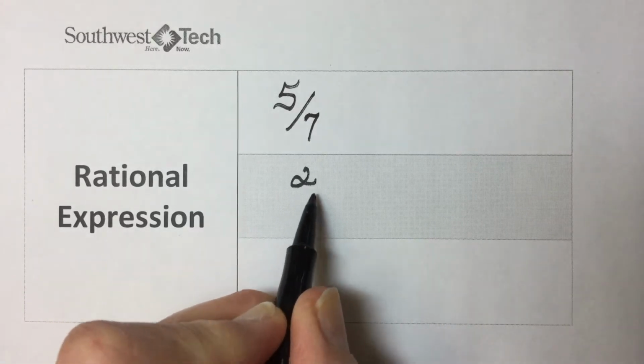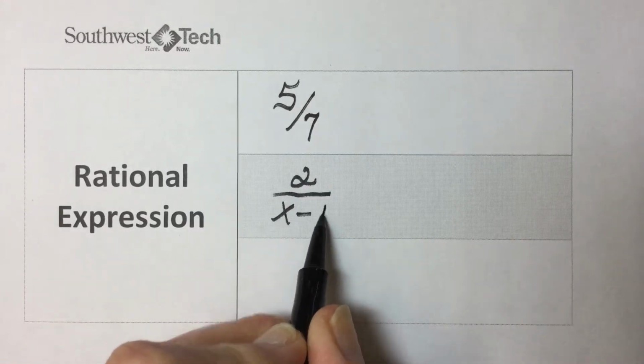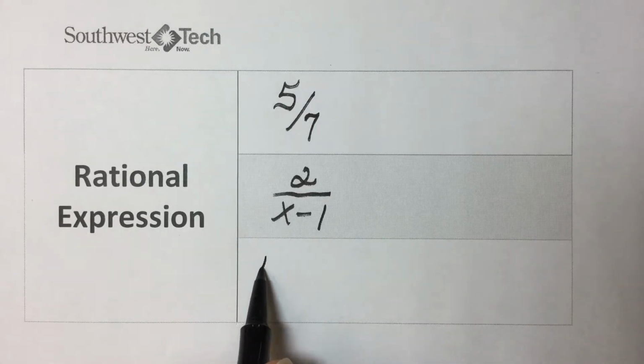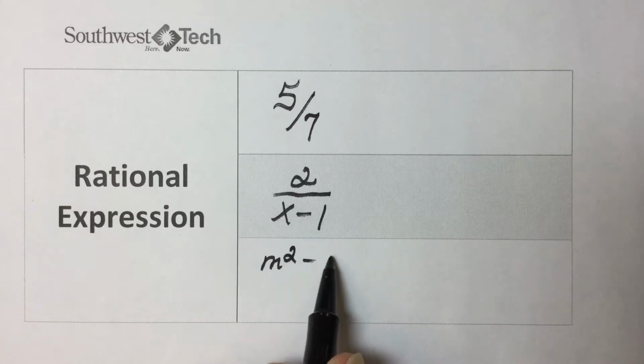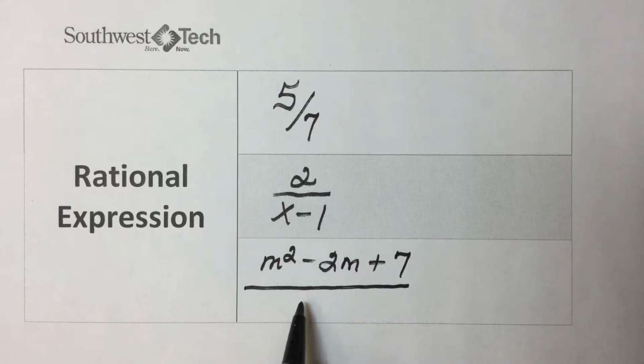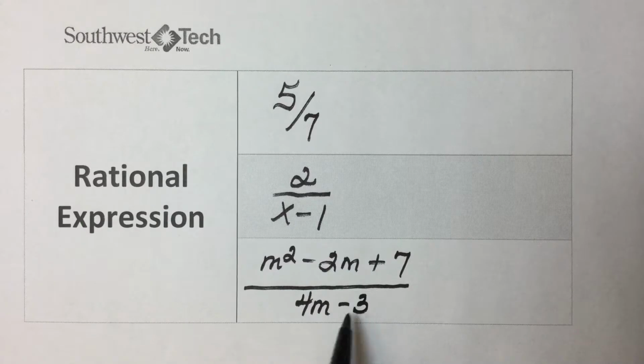something like 2 over x minus 1. Or, for that matter, it could be m squared minus 2m plus 7 over the quantity 4m minus 3, which would be another example of a rational expression.